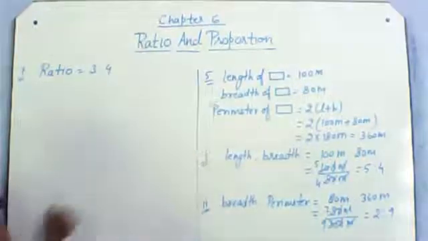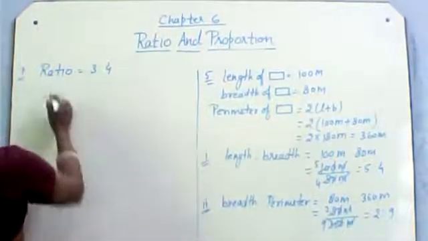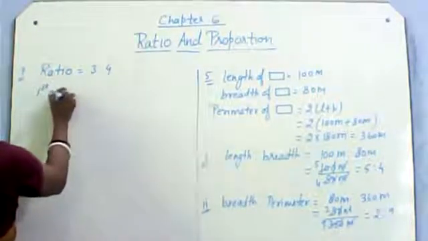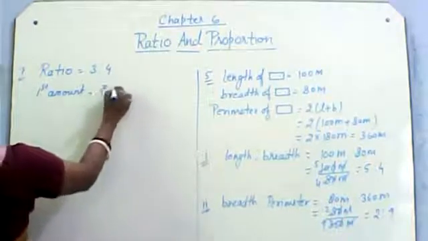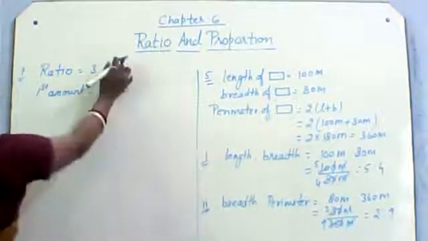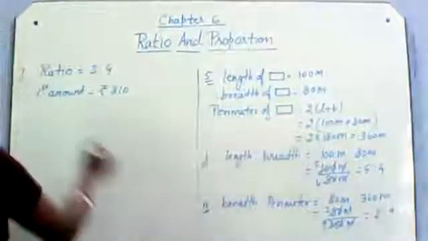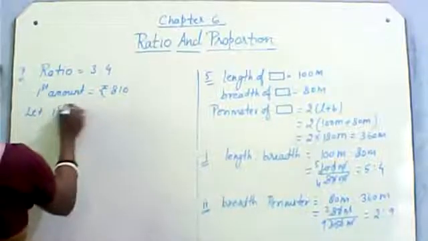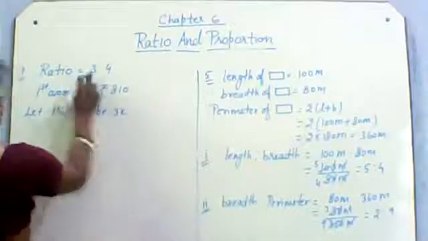Okay. So first ratio, that is first quantity or first amount, equal to rupees 810. So by ratio you can suppose that the two parts are, let first part be 3x, as it is given 3.